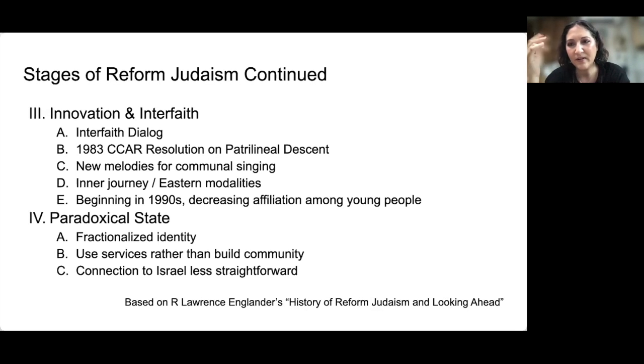And also our political identities tend to be a bit higher on the scale. I just think that these identities always existed, but there was a push towards conformity more in the past. So we Jews tend to use Jewish communal spaces for services rather than to build community.